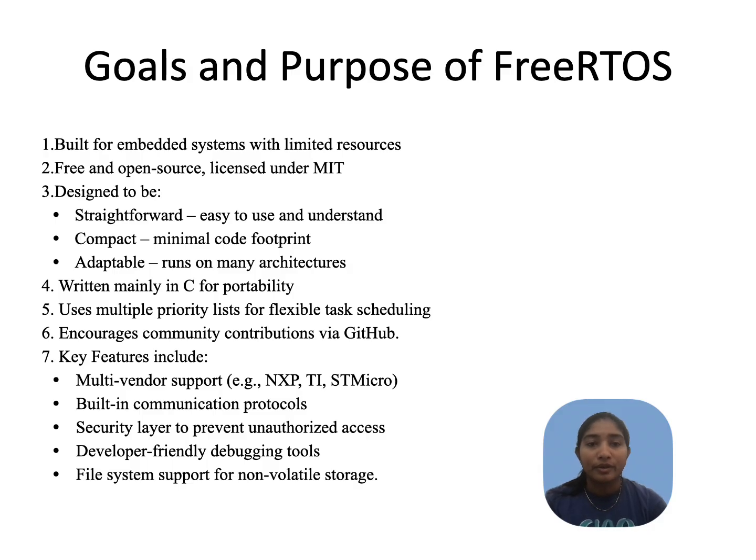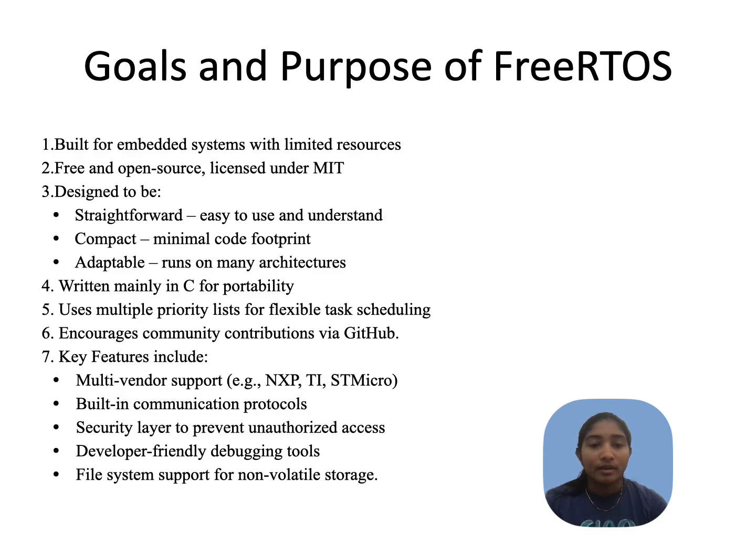Goals and purpose of FreeRTOS. FreeRTOS was built with embedded systems in mind, especially those with limited memory and processing power. It is free and open source, released under the MIT license, which encourages broad usage and modification. The OS is designed to be straightforward, compact, and adaptable.